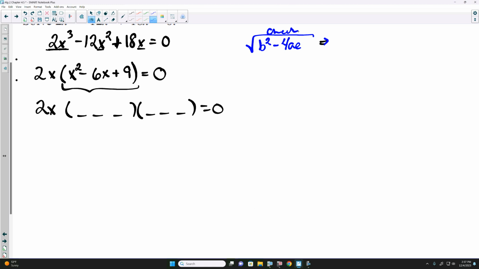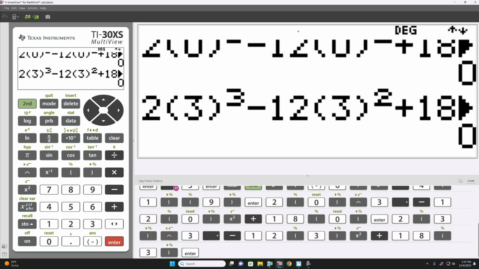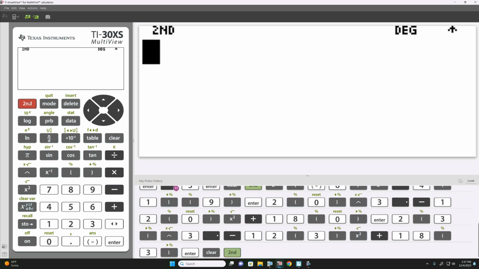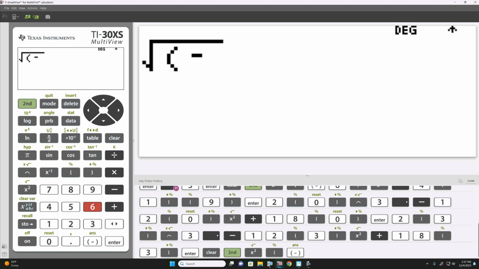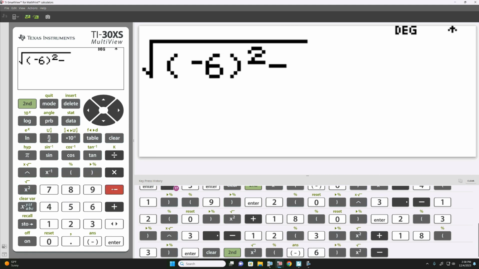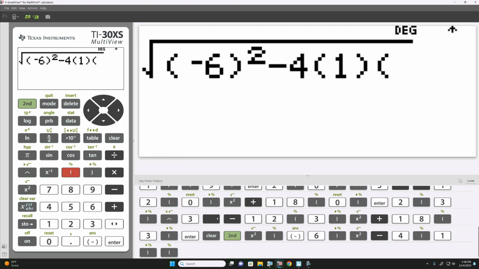And in our case here, a is 1, b is negative 6, and c is 9. So when you say square root, negative 6 squared minus 4 times 1 times 9, and we get 0.